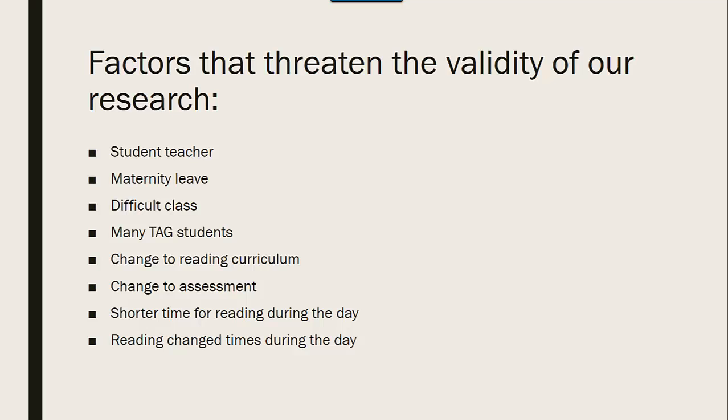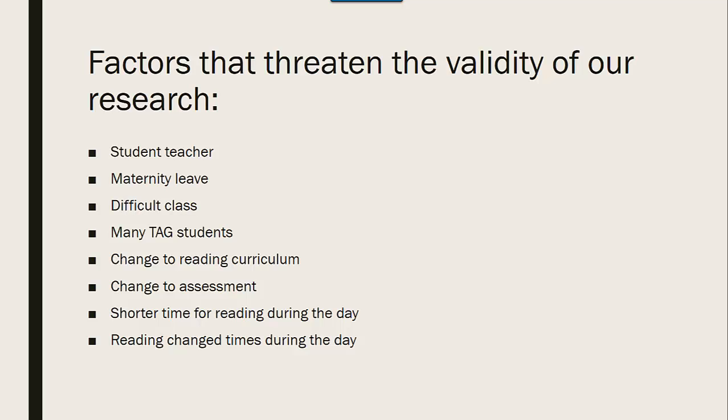Maybe I left on maternity leave. Maybe I just had a particularly difficult class. Maybe I had a lot of talented and gifted students in my class, and so setting goals really worked. And it wouldn't work as well for a different composition of class that maybe didn't have so many TAG kids.